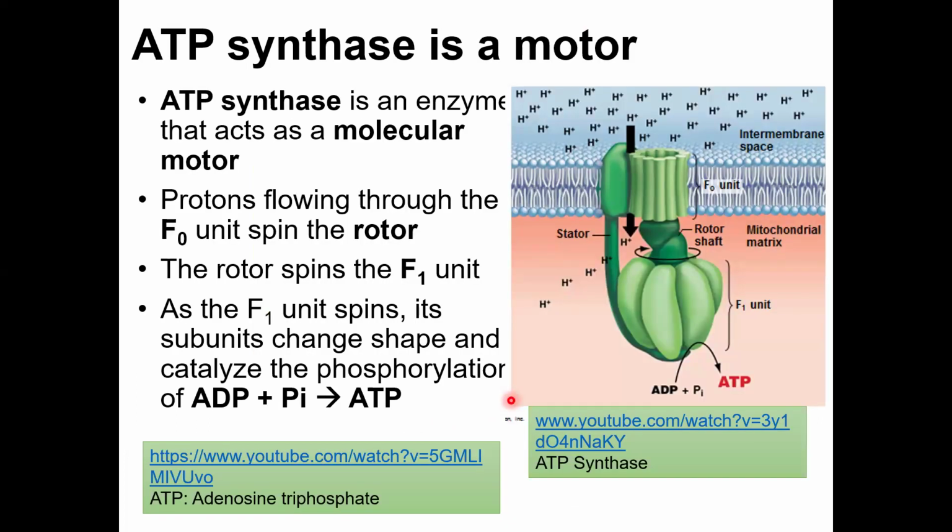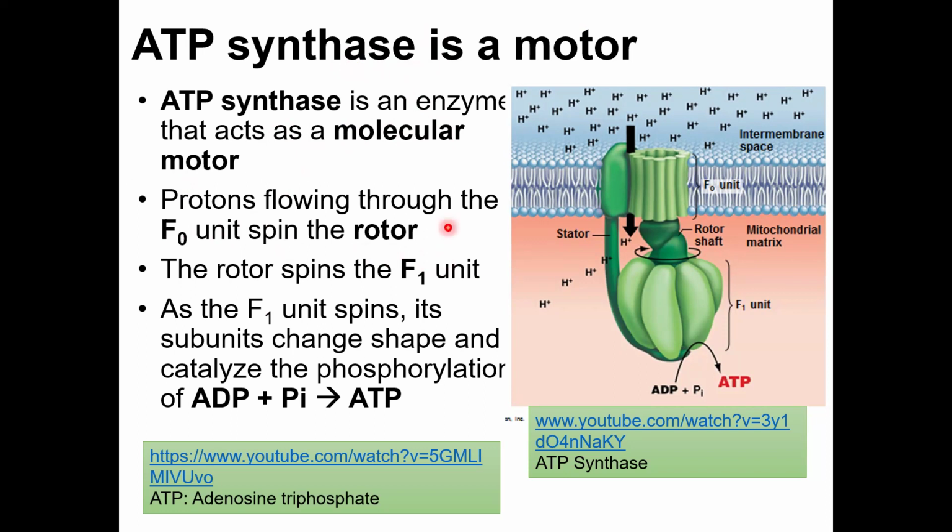Now, ATP synthase is also a molecular motor. If you see anything that ends in ASE, that's an enzyme, and this enzyme acts like a molecular motor.